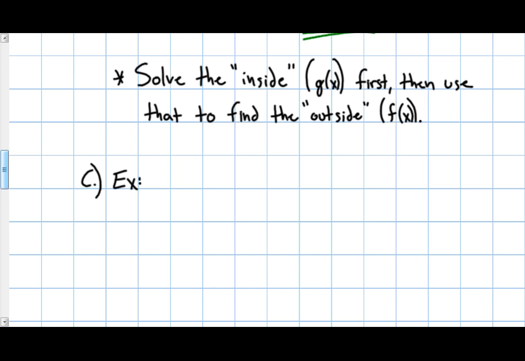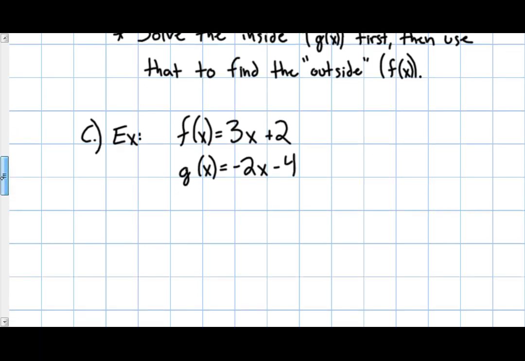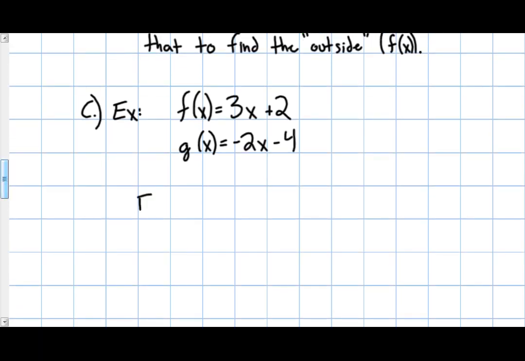How about we use the same ones that we did before? F of X equals 3x plus 2. And G of X equals negative 2x minus 4, with the instructions that say find F of G of 2.